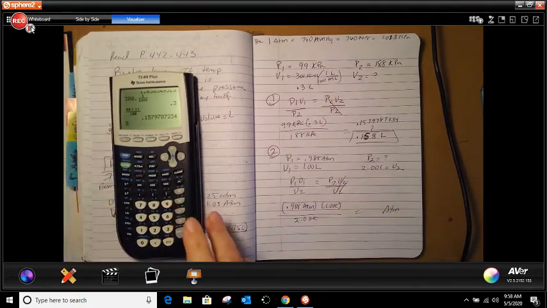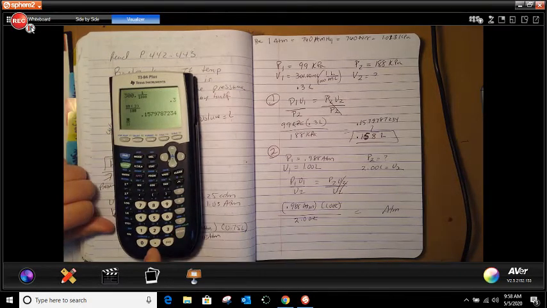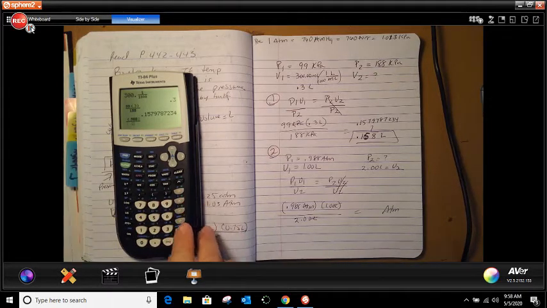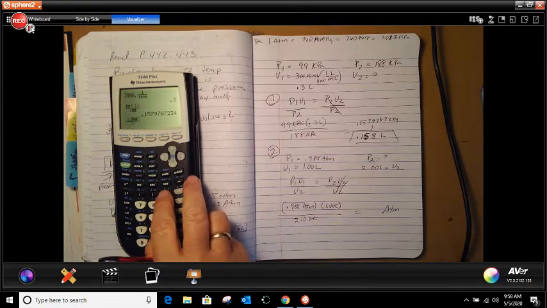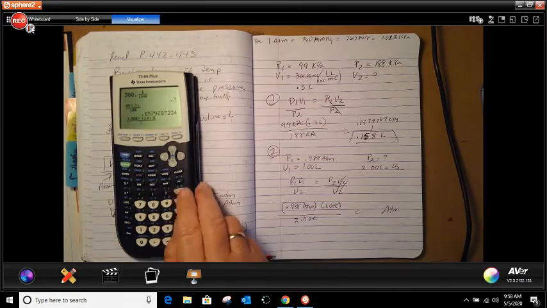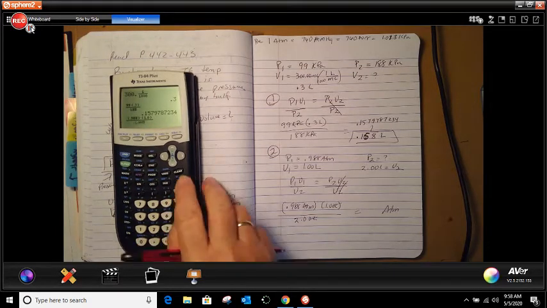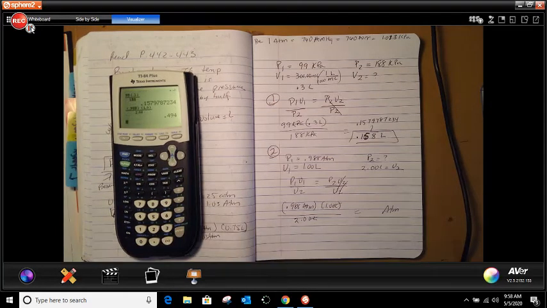So, alpha y, enter. I've got 0.988. Let me make sure. Yep. Open bracket, close bracket, 1.0, and then 2.0. And that's going to equal 0.494.